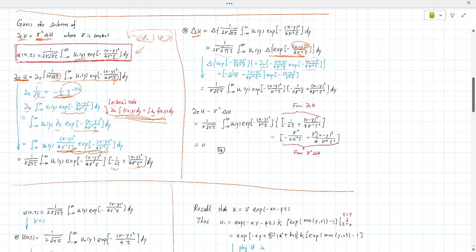Doing it on x, you will have 2x minus y, and the exponential doesn't change. Then do another derivative, one acting on this, another acting on this.